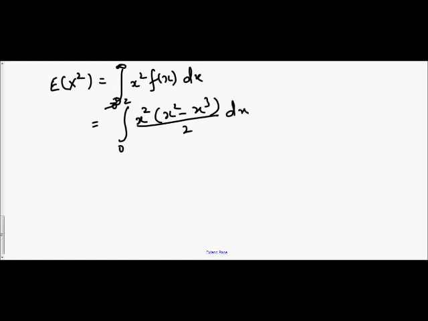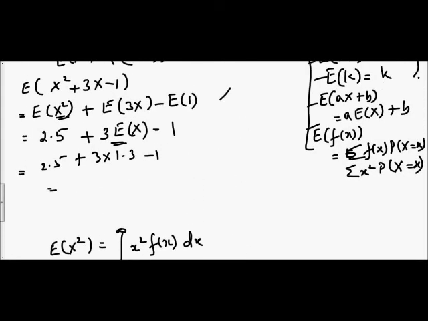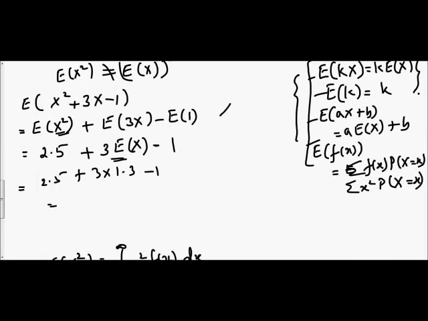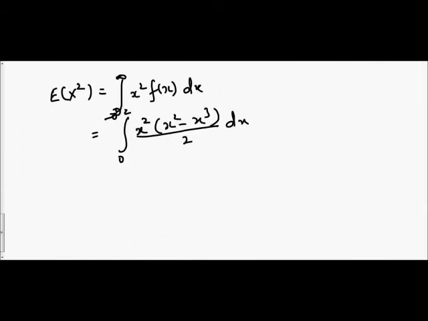And this is the expected value of x square, and all the other formulas and properties remain the same. For e of kx, e of k is k, and e of ax plus b, all these things remain the same for continuous functions as well. The only thing is, calculation should be done with integration.